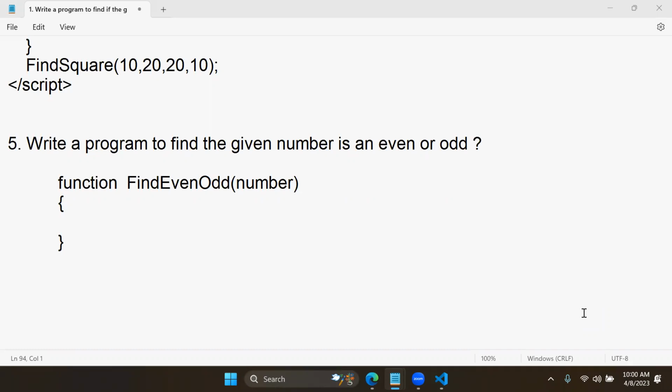Divided by which number? An even number means divided by 2. Where is 2? Modulus divided by 2, and the remainder is 0. Then it is an even number, right?